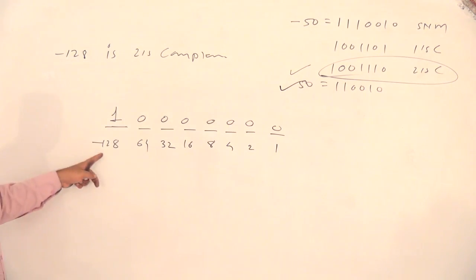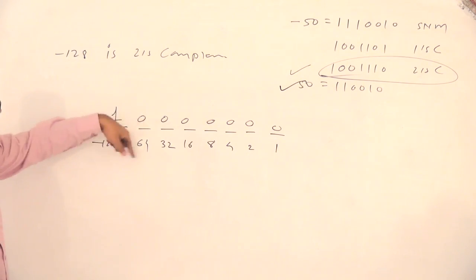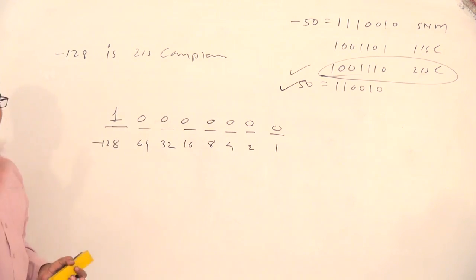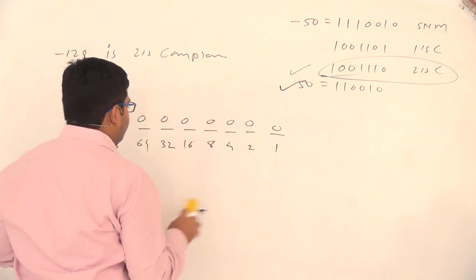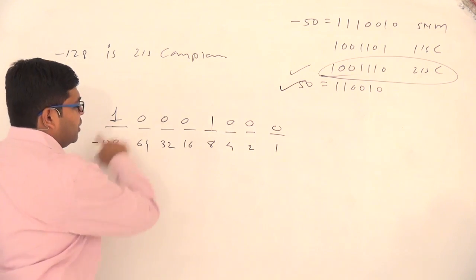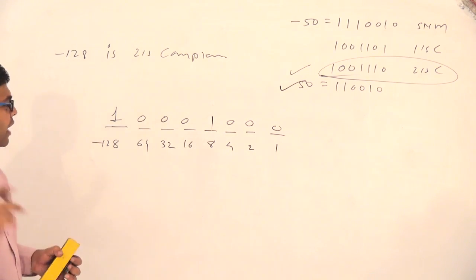You can see minus 128 into 1 is minus 128 plus 0 plus 0 and so on. And likewise you can go on converting the value. For example, if you put 1 here, then it will become minus 128 plus 8. So this particular value will become minus 120.